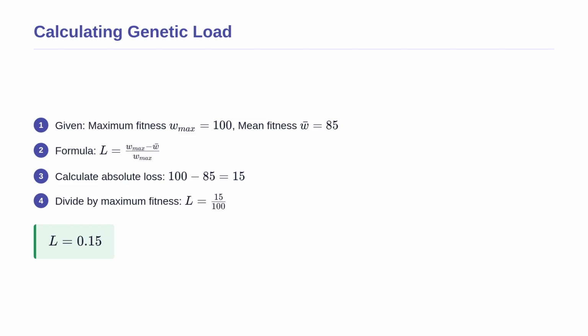We want to find the genetic load. We subtract 85 from 100 to find an absolute loss of 15 seeds per plant. Dividing this by the maximum of 100 gives us 0.15. This means the population is operating at a 15% deficit in reproductive output due to the constant process of genetic mutation.